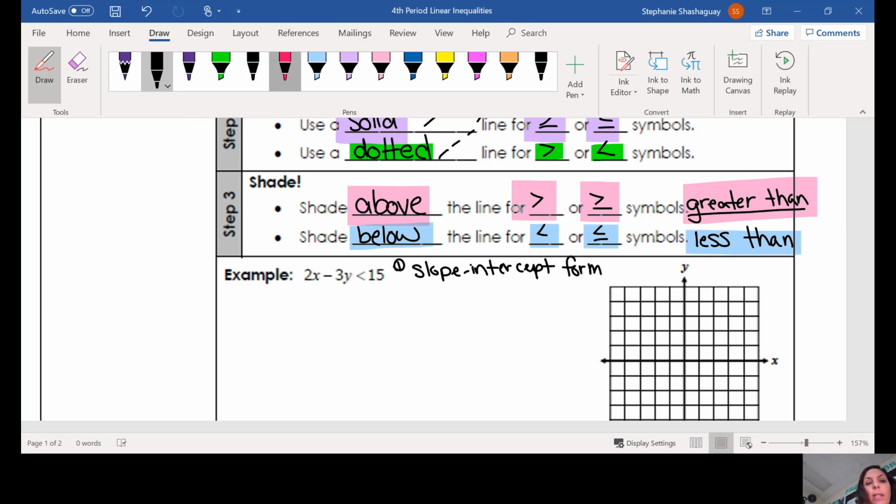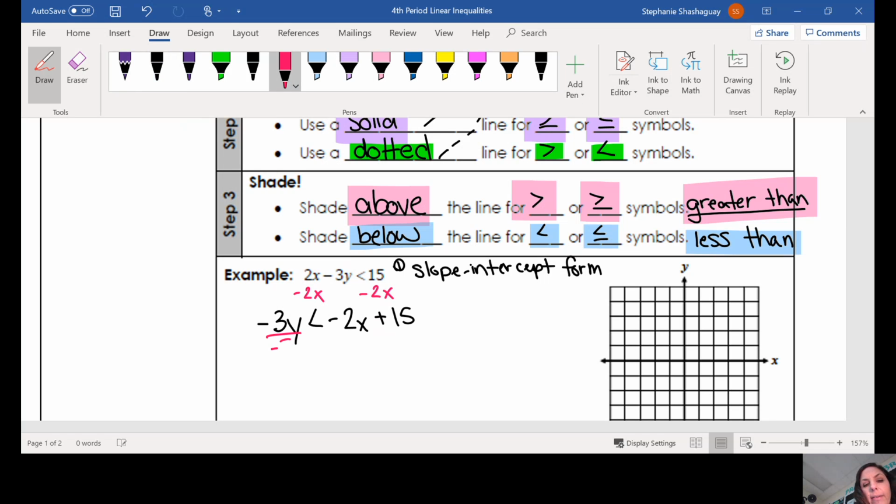So to rearrange this, I first have to subtract 2x from both sides. So then I'm going to have negative 3y is less than negative 2x plus 15.